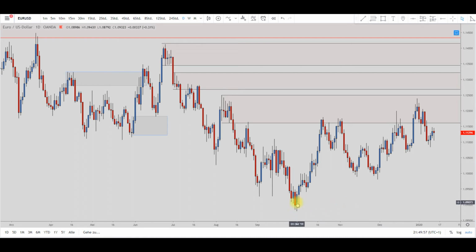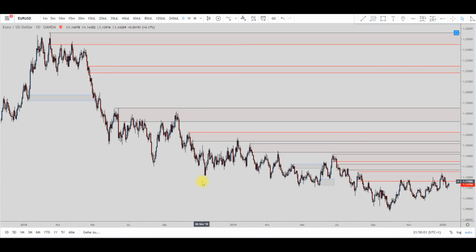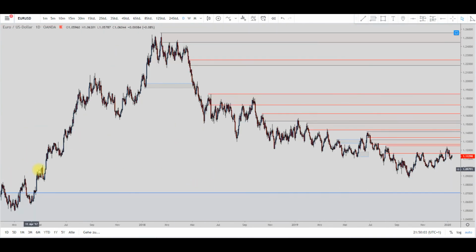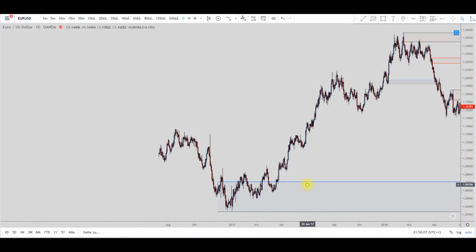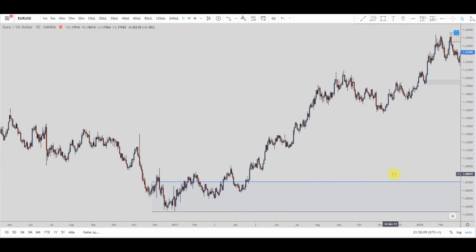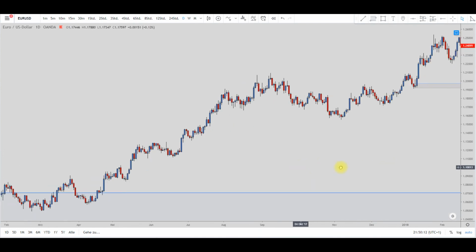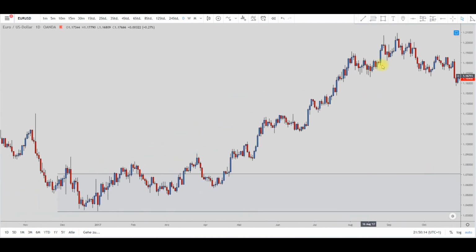Is this a fresh level of demand? Let's go back. Oh, there is something on the left side, so we need to mark our levels of demand, which is down here.